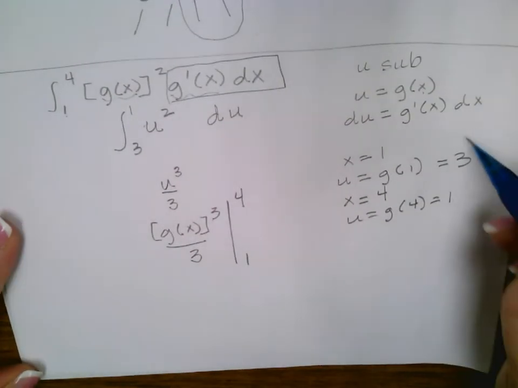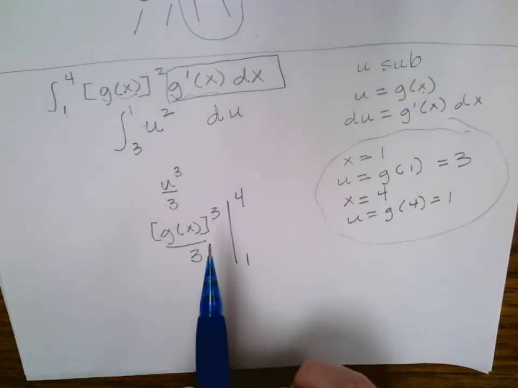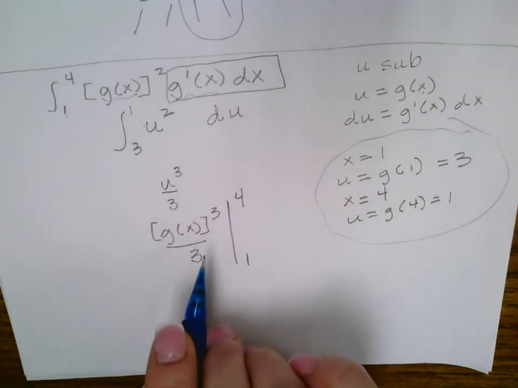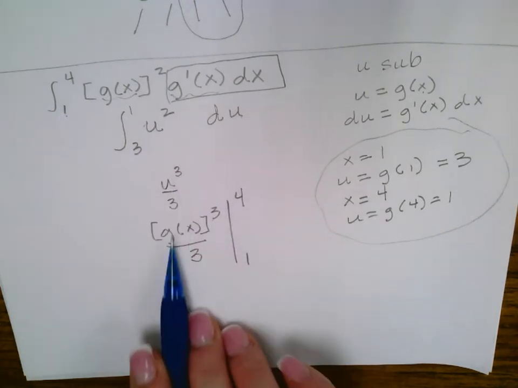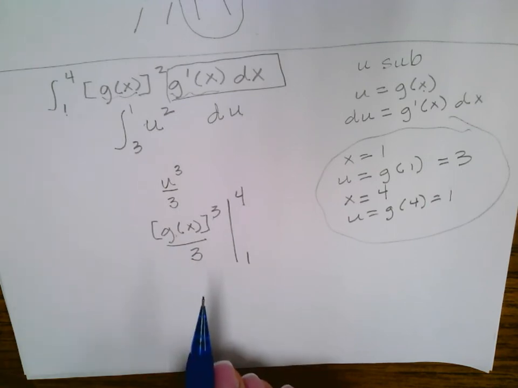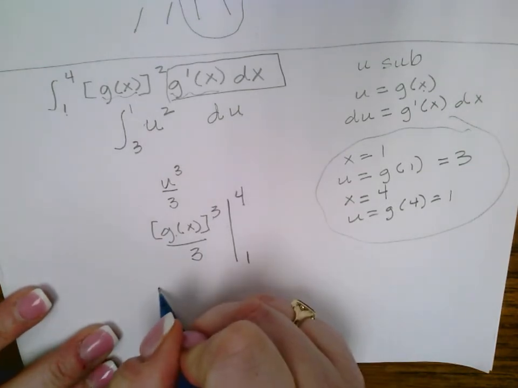Some people like to go through this process. If it's an FRQ, the College Board expects to see it. But this is still legal to do that after you substitute the U back in. And that's how I was taught to do it.